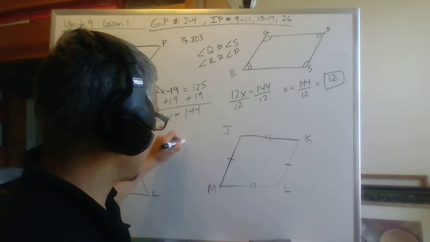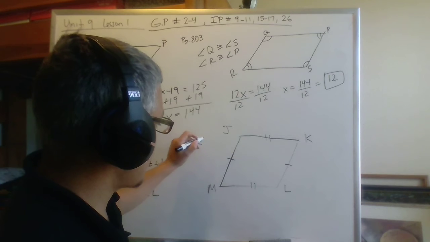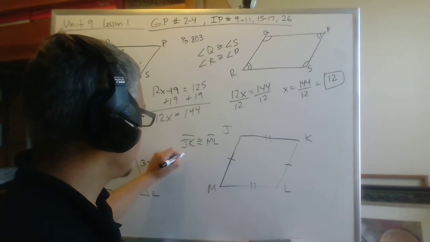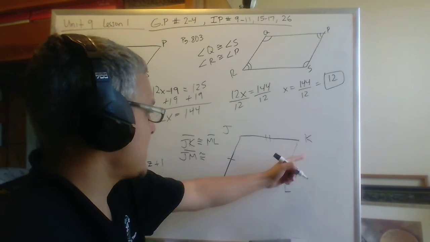So that means that side JK is congruent to side ML, and side JM is congruent to side KL.